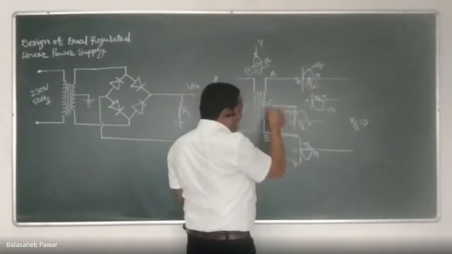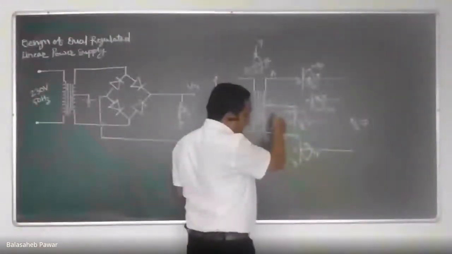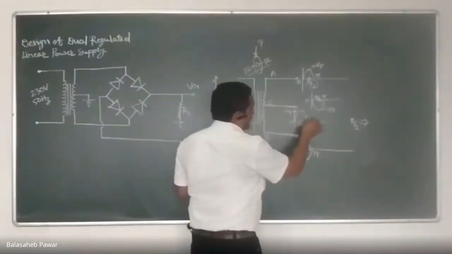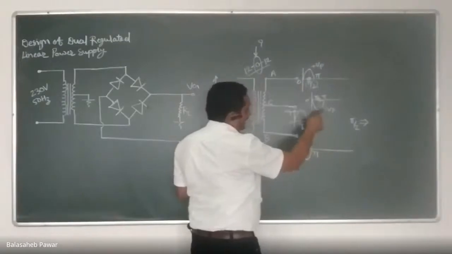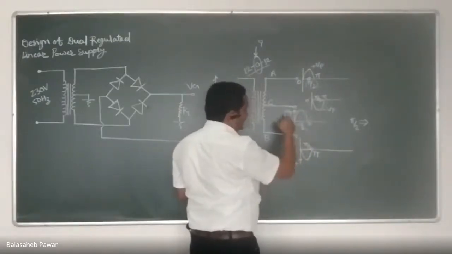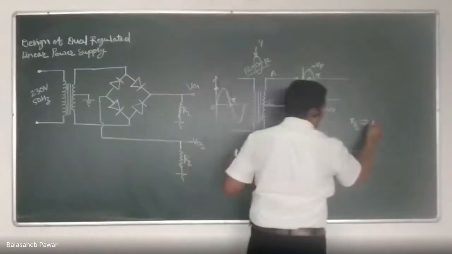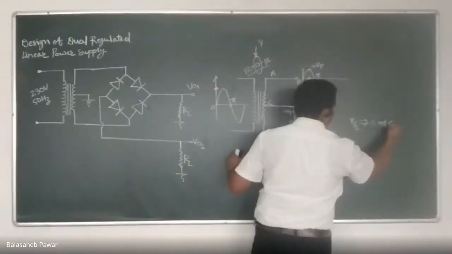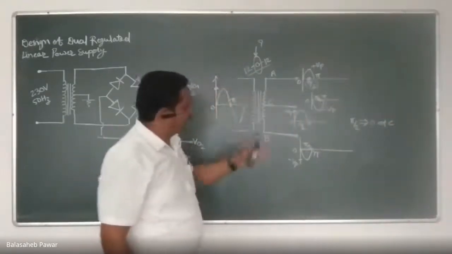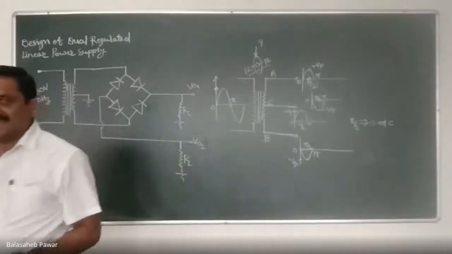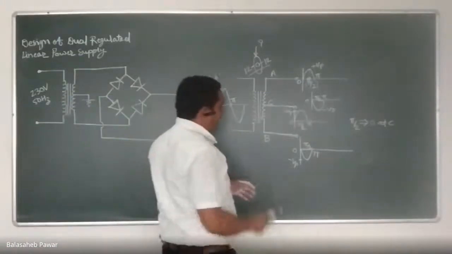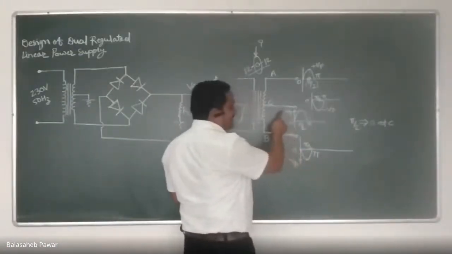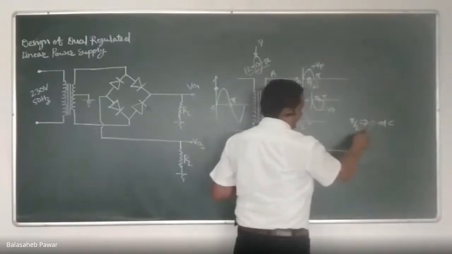And due to the remaining half secondary, the bottom side secondary, it will be positive. So at pi by 2, due to the upper half secondary, it will be at minus Vp, and due to the lower half secondary, it will be at plus Vp. So the net potential will be 0 at terminal C, correct? So you can take any angle, for example 45 degree, you will observe the same thing. That means that center tap terminal always remains at 0 potential.